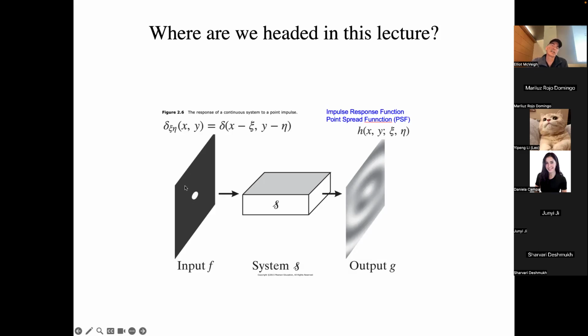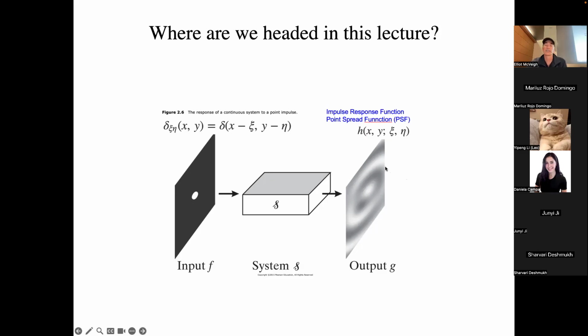So we're going to learn how to build input functions, right? Usually with Fourier coefficients, right? And in a linear way, we'll add up those Fourier coefficients to get a function here, pass that through our imaging system to figure out what the output image is going to look like.